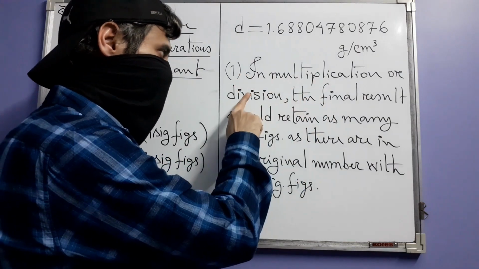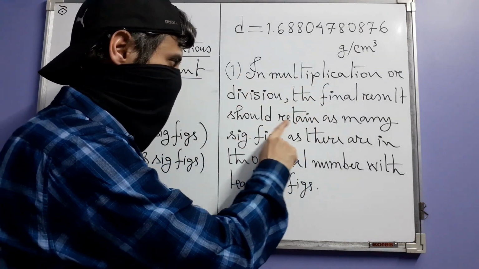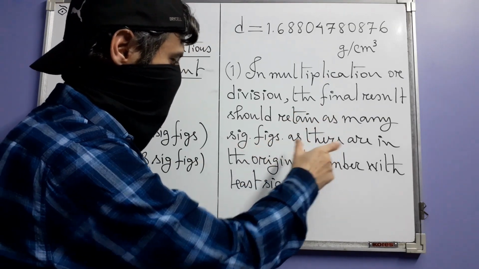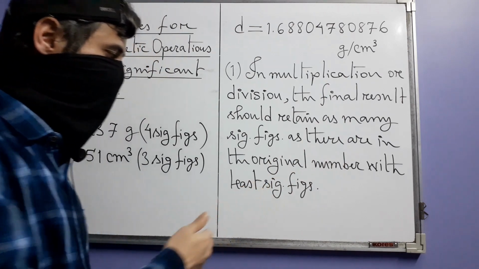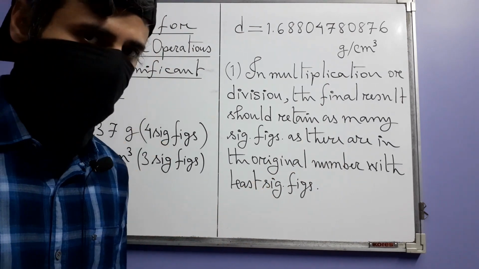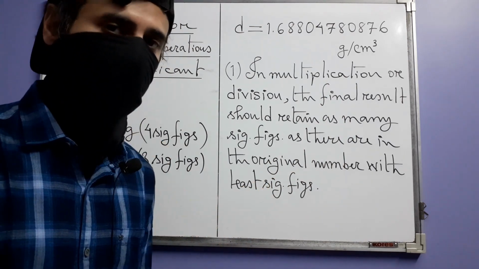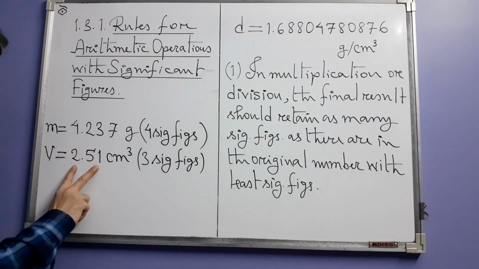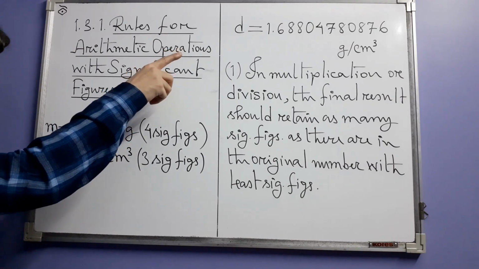In multiplication or division, the final result should keep as many significant figures as there are in the original number with the least number of significant figures. For example, here you have these two numbers and they have been used to calculate that one.